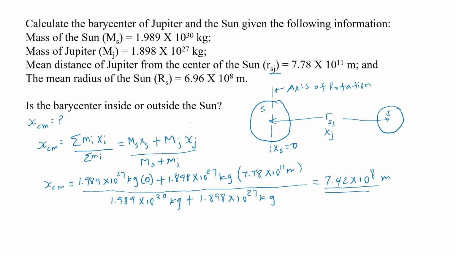Now the second part of the question says, is the barycenter inside or outside the Sun? So basically what we are asking here is, is the barycenter, which is X CM, greater or less than the radius of the Sun? That's the question asked.